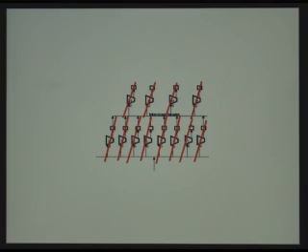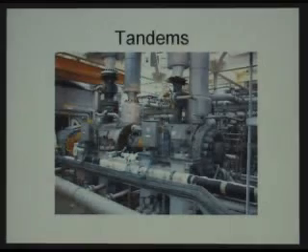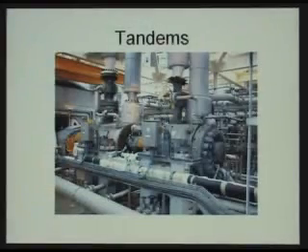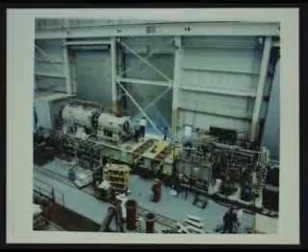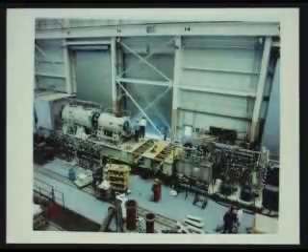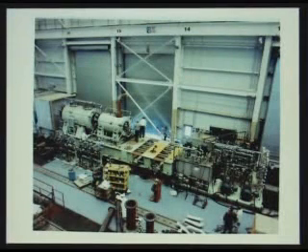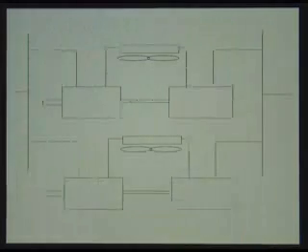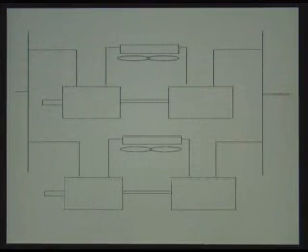But the problem was because of this interstage header that's common to everything. And so to get away from that, we have now installed what are known as tandems, where you have two compressors on a common shaft from a common driver, and they have their own coolers. They do not share an interstage header any longer.